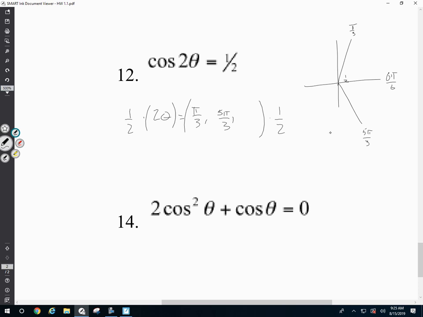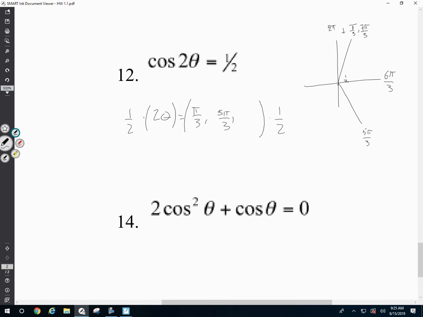So I know pi over 3 and 5 pi over 3. Well, again, if this is 6 pi over 3, not 6 pi over 6, I can add a pi over 3. This is the same as 7 pi over 3. If I have 5 pi over 3, again, you could do the same thing as what I did earlier. You could add 2 pi to go around the circle. So if I start at pi over 3 and I add 2 pi, I go right around the circle.